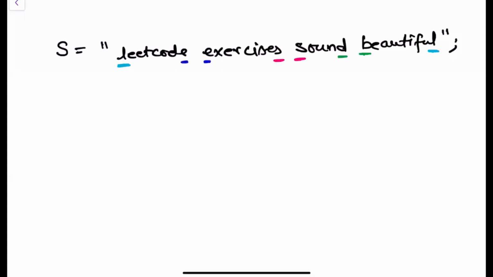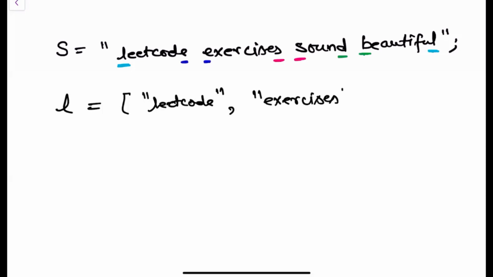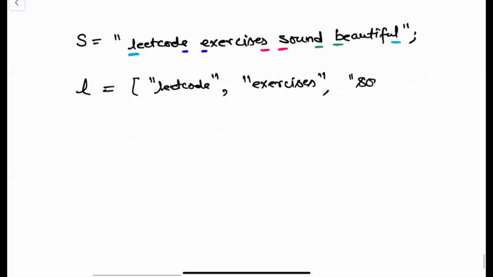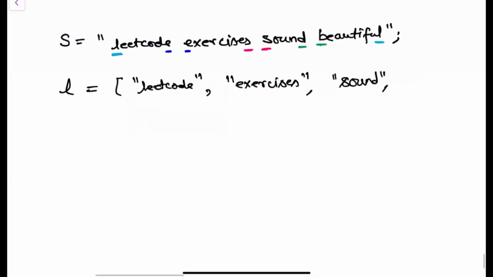Yeah. So ultimately, this problem would have been easier if, rather than giving it as one string, we were given a list of strings. So if I make it a list and put LeetCode as the first word, exercises as the second word, then sound as the third word, and then beautiful as the fourth word.